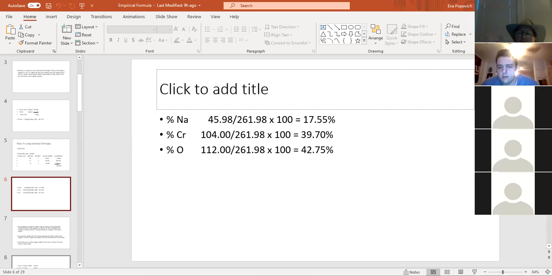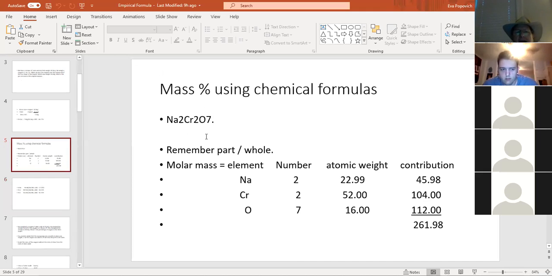And you know the beauty of this, guys? The absolute beauty of it. These percentages do not change. As long as I have a chemical formula of sodium 2, chromium 2, oxygen 7, those percentages are not going to change.